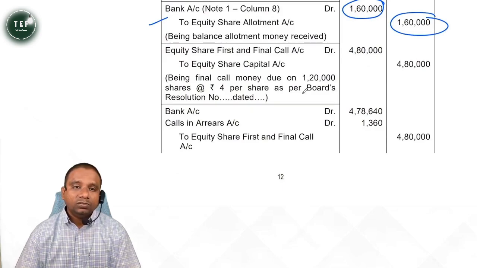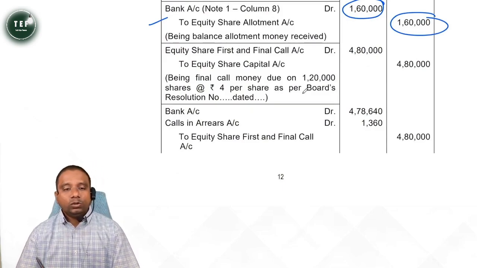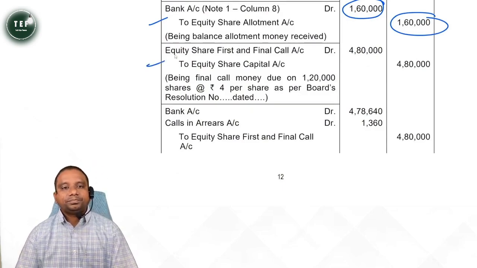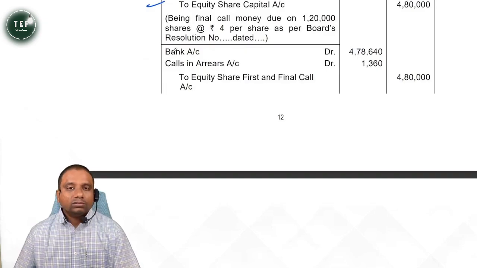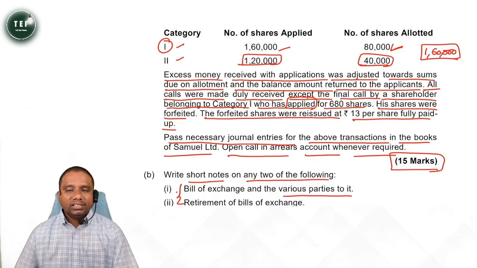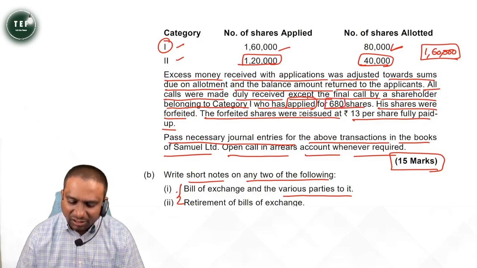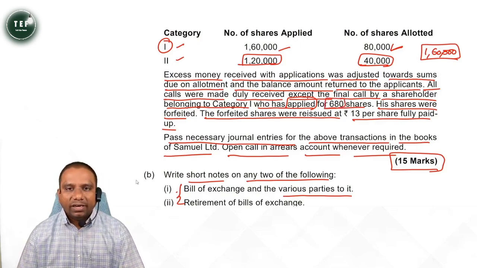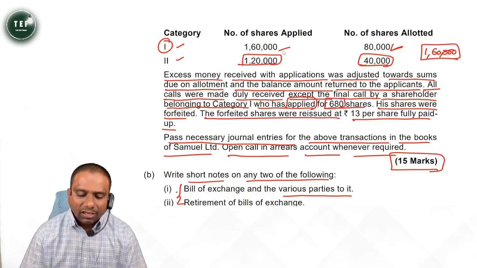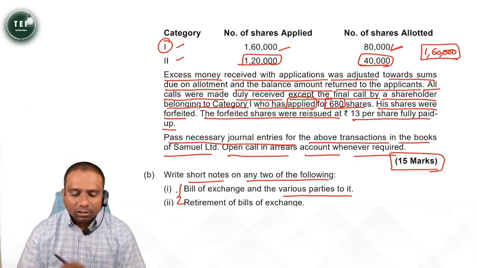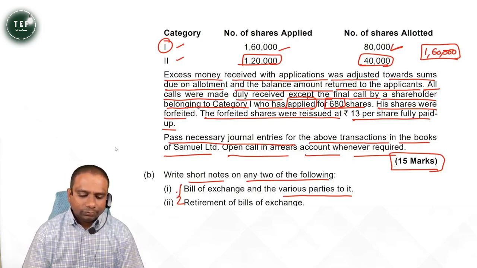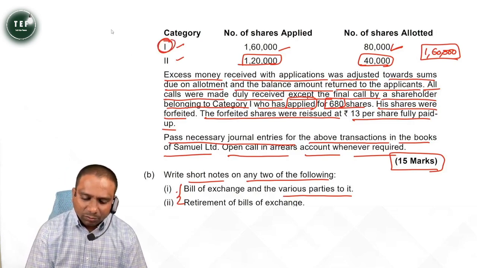Next, final call due. Equity share final call account debit to equity share capital account. Next, final call received. On final call, on how many shares we didn't receive money? See, a shareholder to whom 680 shares applied from category 1. First calculate pro rata of ratio of first category. So that is nothing but 1 by 2.